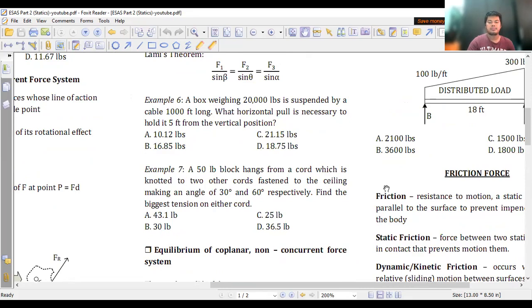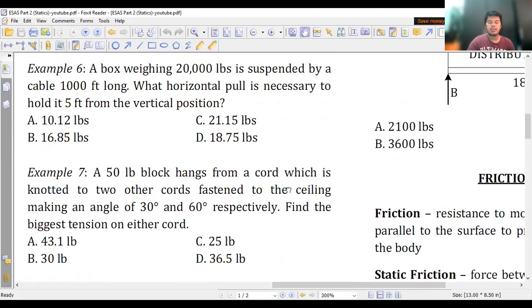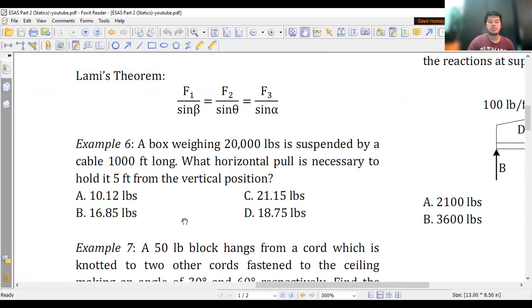Okay, we take a look first at example number 6. Since we are shifting screens from time to time, please do consider gathering data, so that when we solve the problem, you will have the data as presented in the example.